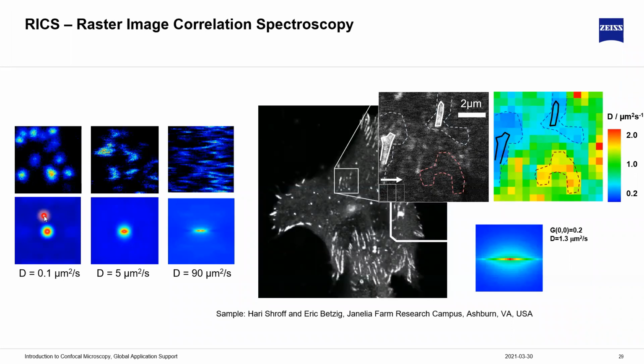So you scan your image multiple times, so that you have, let's say, time information, and then you correlate not the time trace, but you correlate pixel to pixel, and what you get at the end is a kind of heat map of your sample, with in this example different diffusion coefficients in different parts of your image.